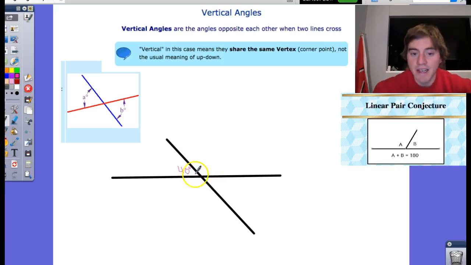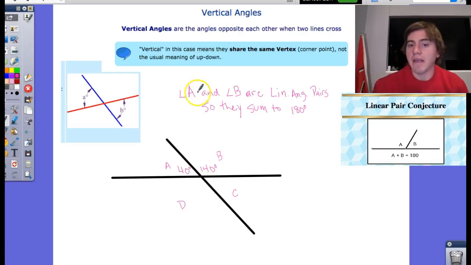Well, this is a straight angle, right? That's a linear angle pair. So that means this has to be 140, because I know that A and B are linear angle pairs. Since angle A and angle B are linear angle pairs, they sum to 180. So if I know that A is 40, then I know that this is 140.